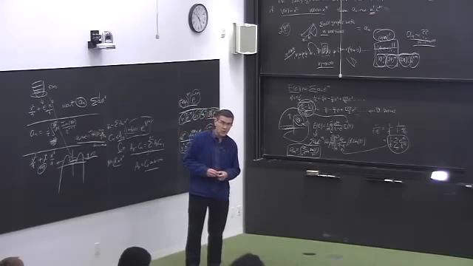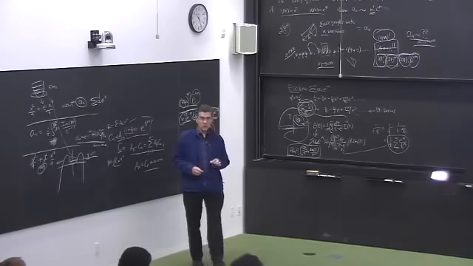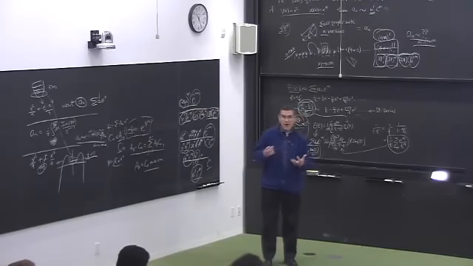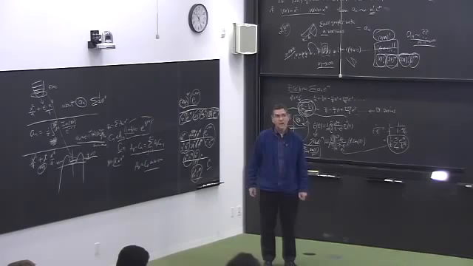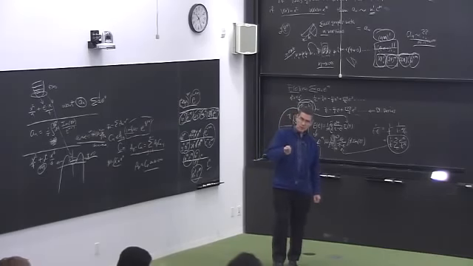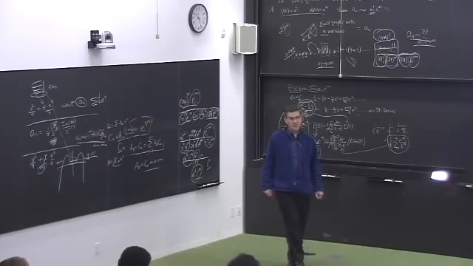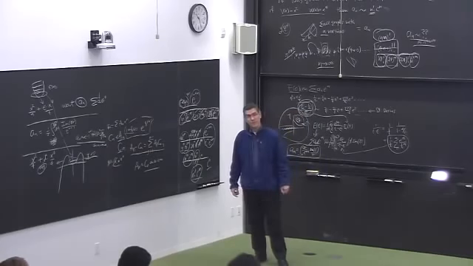As you reach 4 dimensions, which is the critical dimension for phi to the 4 theory, the graphs themselves can become very big for the first time. And this is what happens in any theory when you reach its conformal limit, when it becomes renormalizable instead of super-renormalizable. This is an unsolved problem.